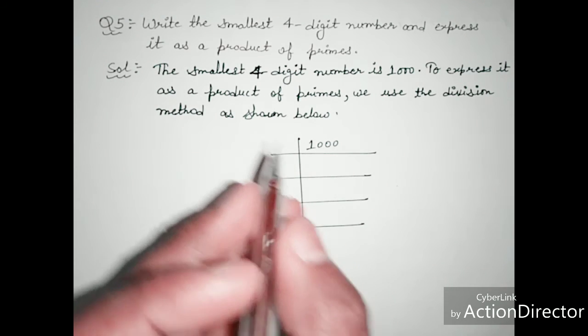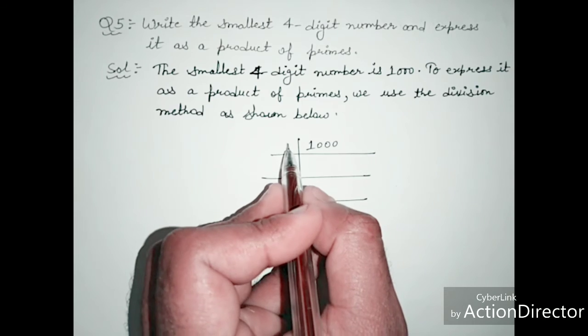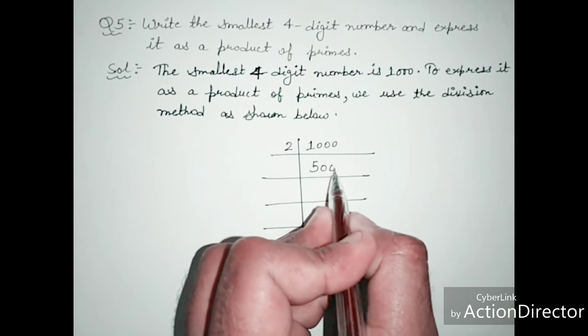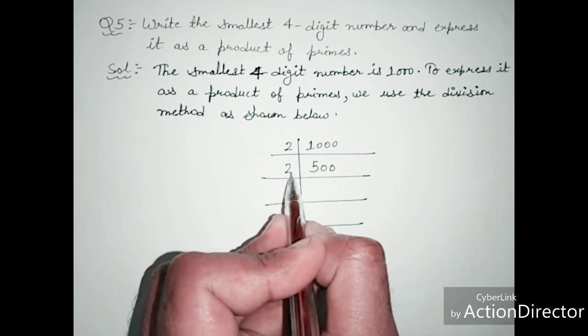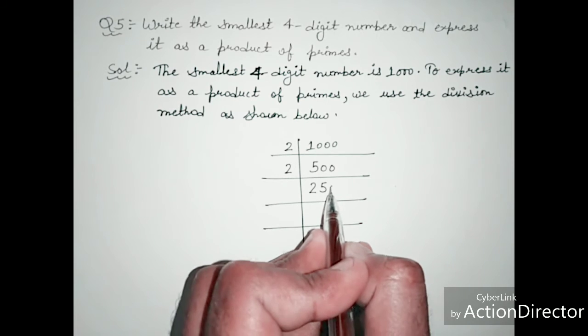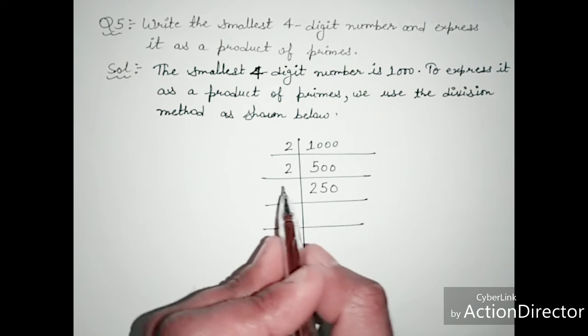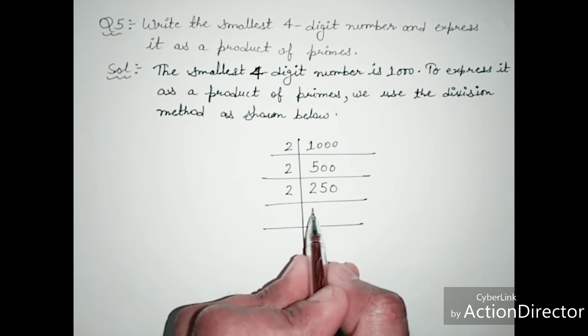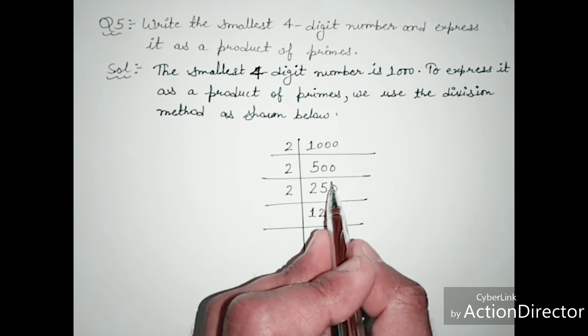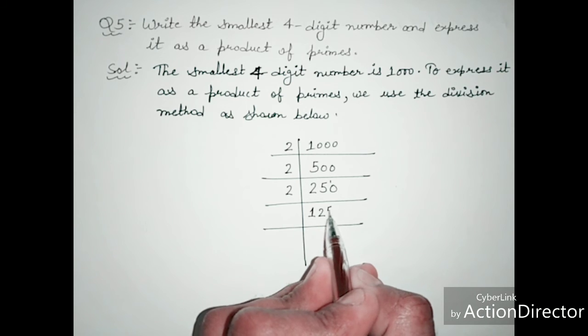First we divide 1000 by 2, 2 fives are 10, then two zeros. Then divide by 2, 2 twos are 4 and 2 fives are 10. Then again divide by 2, 2 ones are 2 and 2 twos are 4, remainder 1, 2 fives are 10.